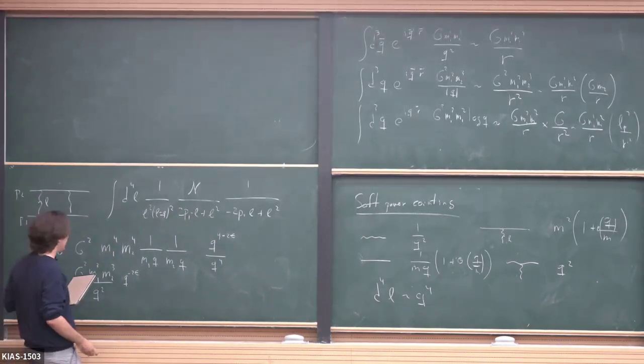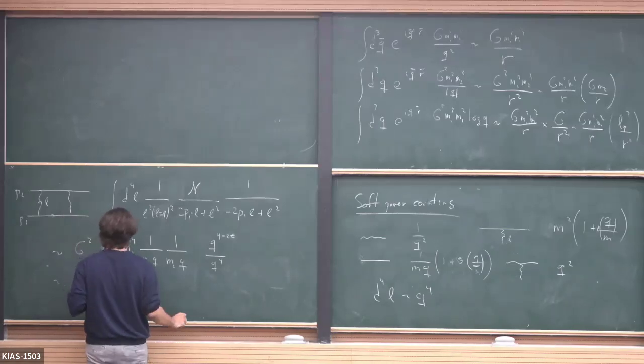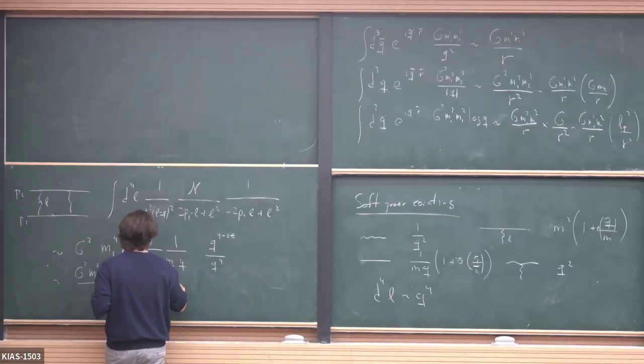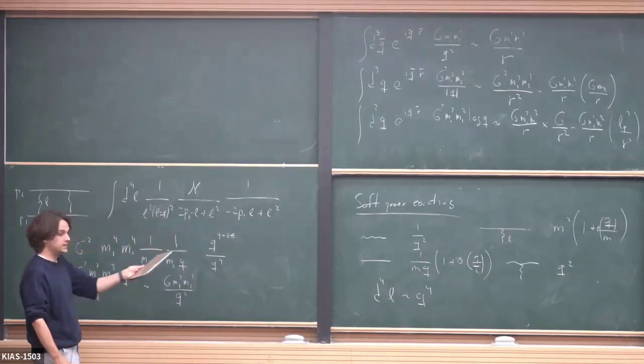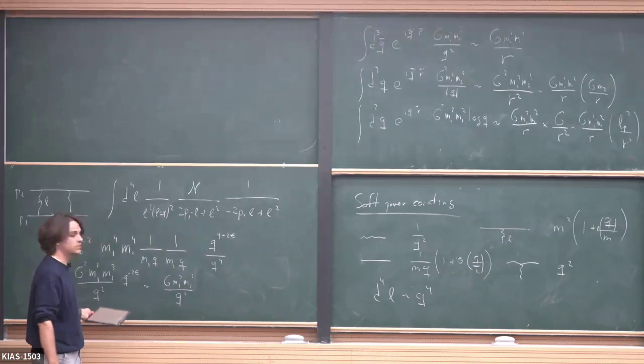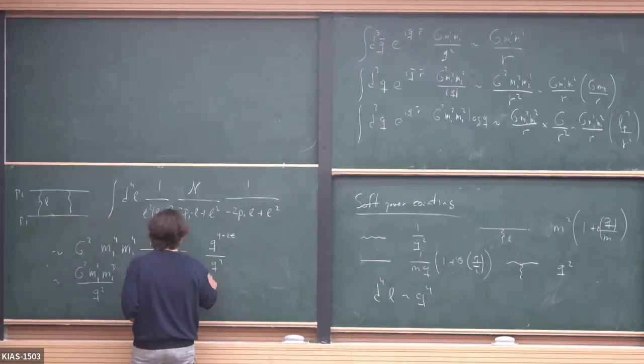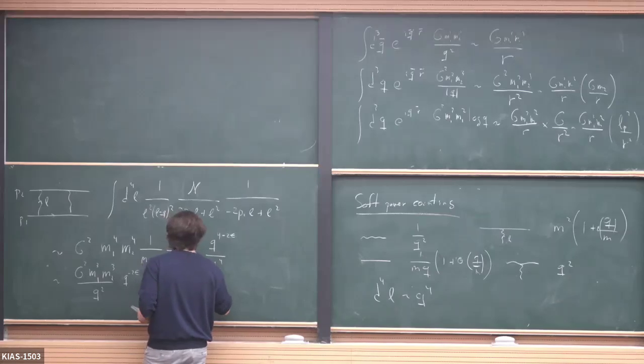Okay, so we have a problem here. The problem is that this goes like g m1 squared m2 squared over q squared. But the next term is not suppressed. Instead of having g m q, I have g m1 m2.